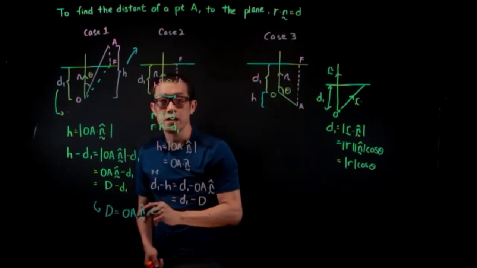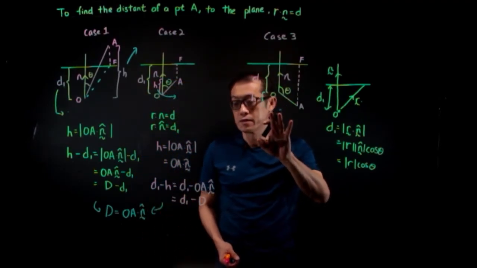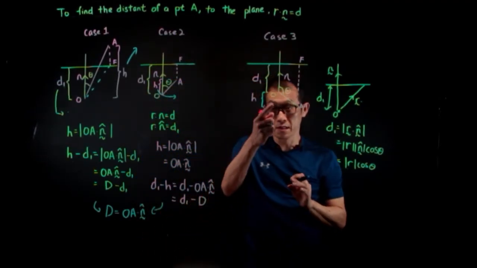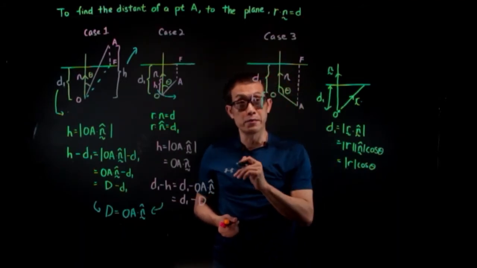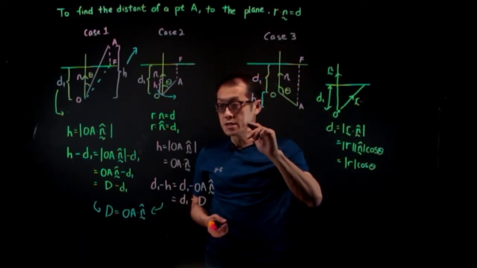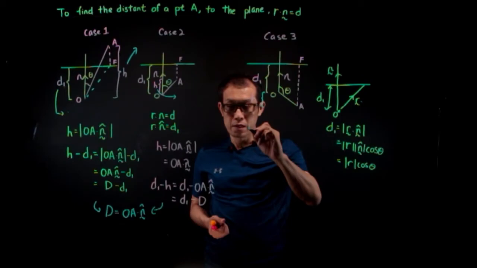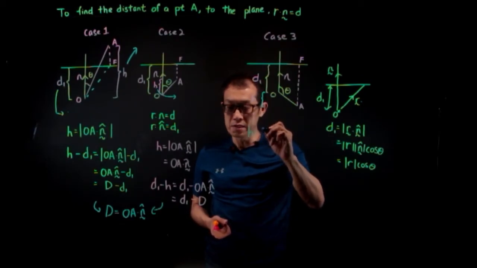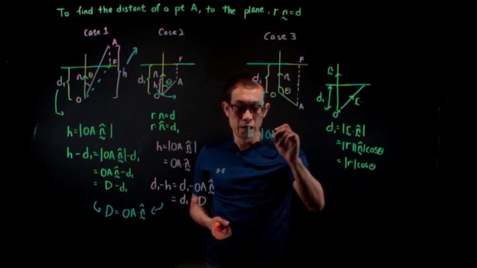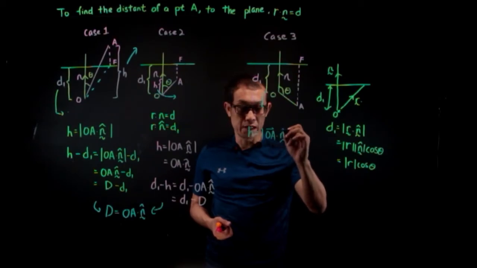Now let's look at case 3. What is this distance h? h is also equal to OA dot unit vector n.